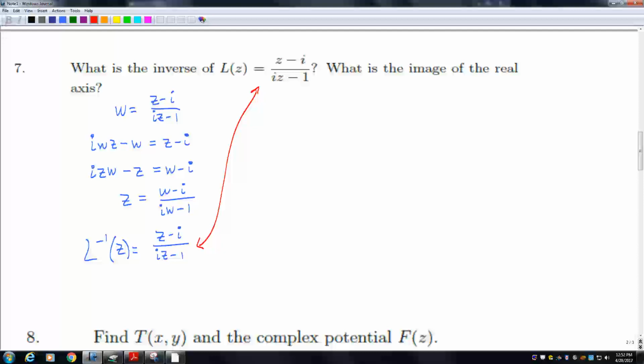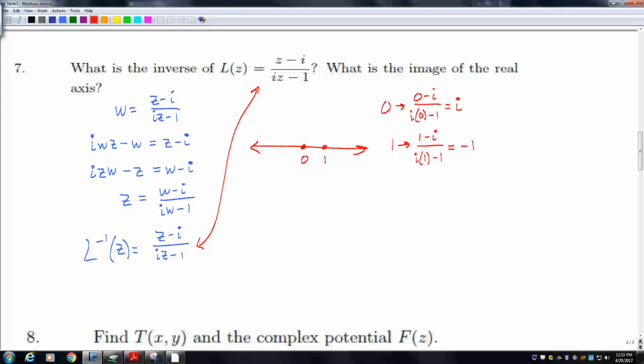What's the image of the real axis? So here's the real axis, and I think the easiest way to do that is just to plug in some points that are on there, like 0, and 0 maps to just plugging in 0 into my original function, and I get i. 1 is on the real axis, so 1 minus i over i minus 1, that's just negative 1.